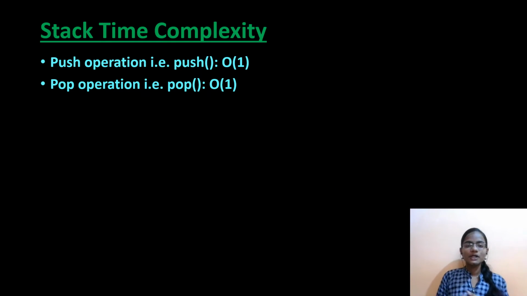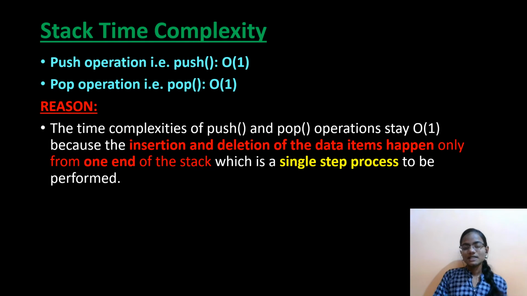Now we are coming to an important point: stack time complexity. The time complexity of stack operations for array-based implementation of the stack: both push and pop operations take constant time, that is big O of 1.